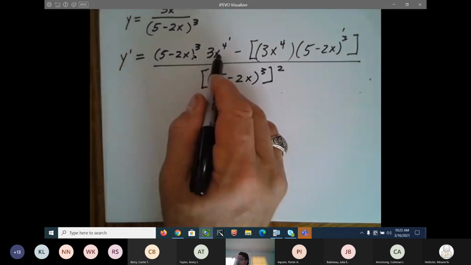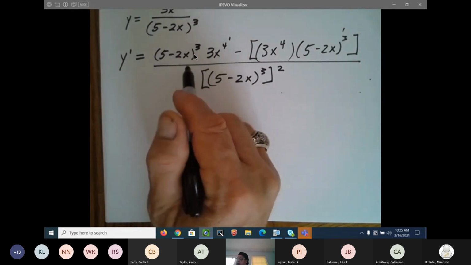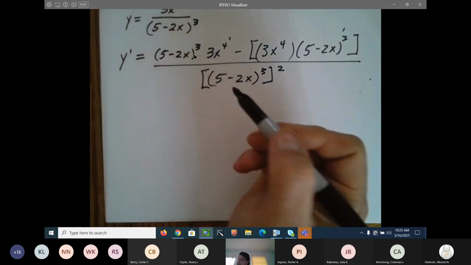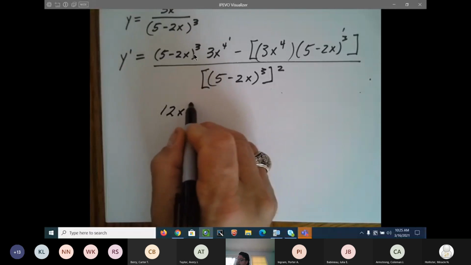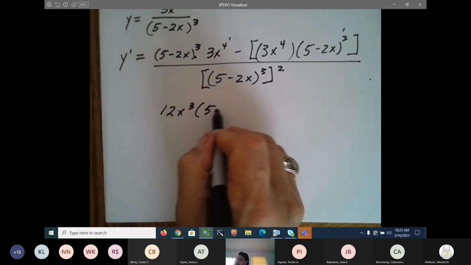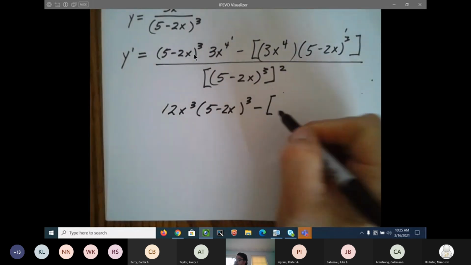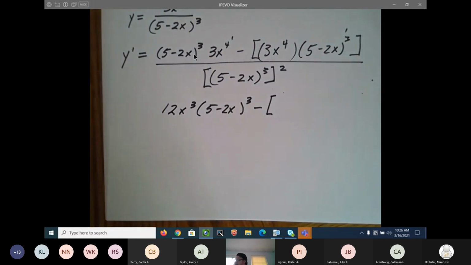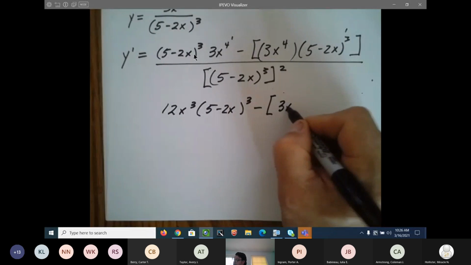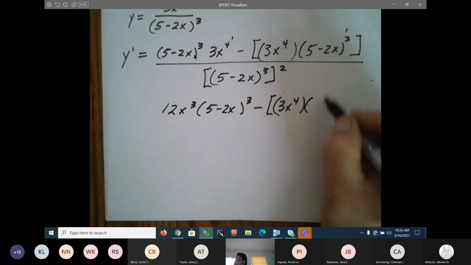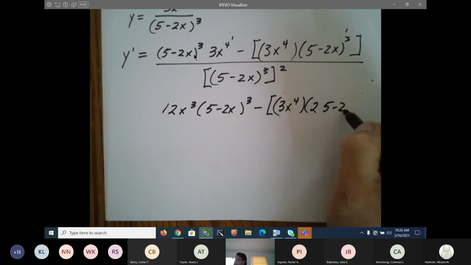First times the derivative of the second, so that's going to, I'm sorry, denominator times numerator prime, so that's going to be 12x to the third. So 12x to the third times 5 minus 2x to the third minus brackets 3x to the fourth times 5 minus 2x to the first multiplied by negative 2.